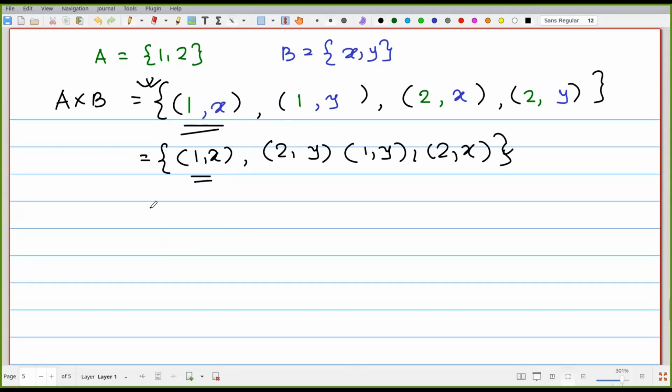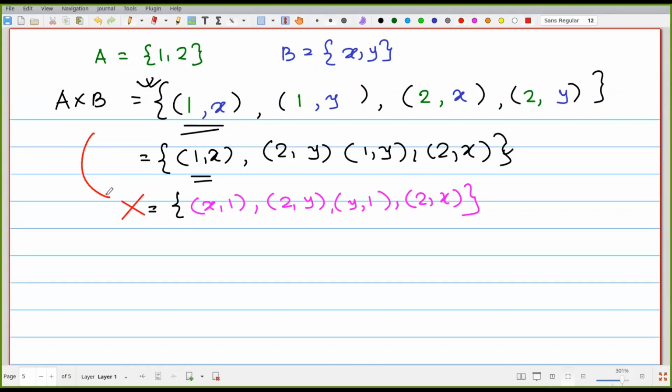Suppose I write here x comma 1, 2 comma y, y comma 1, 2 comma x. That is completely wrong in that case. Why? Because that is wrong, and another one is wrong too.